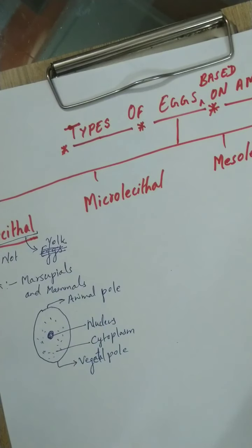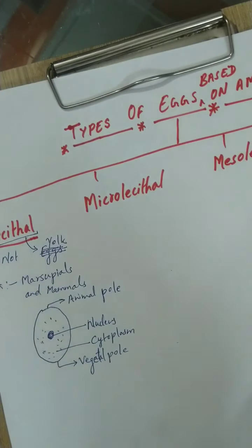Every animal has variability in their egg content. Here we will classify eggs on the basis of the amount of yolk or reserve food in a fully grown oocyte or egg, and the distribution of yolk or vitelline in the animal egg.